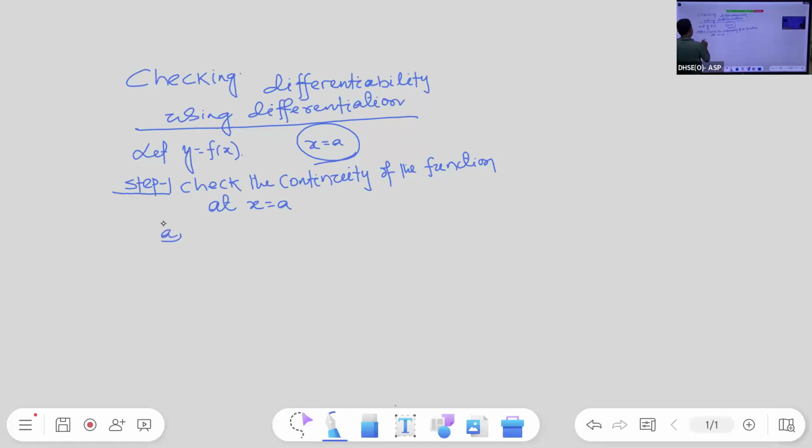Part A: if the function is discontinuous, then it is non-differentiable.